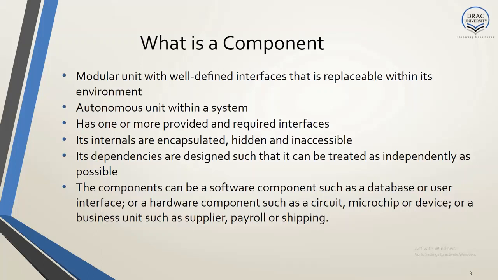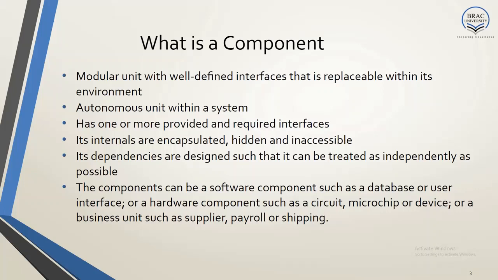It basically means that the internal implementation of each component is hidden from the user. So a component acts as a black box, so that we don't need to worry about the internal implementation. We only worry about each component and the functionalities it provides. And its dependencies are designed such that it can be treated as independently as possible.